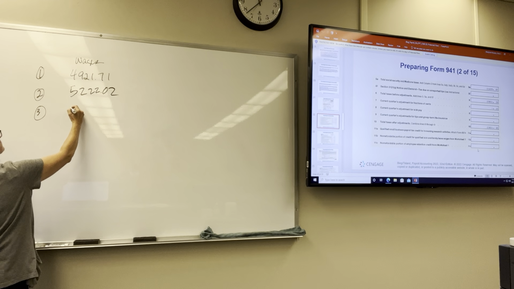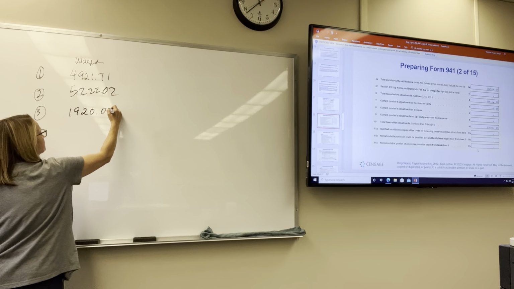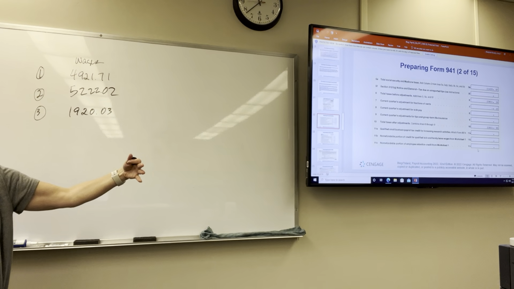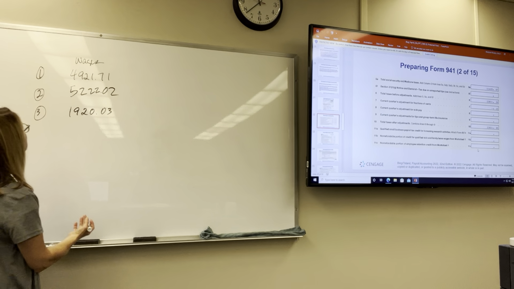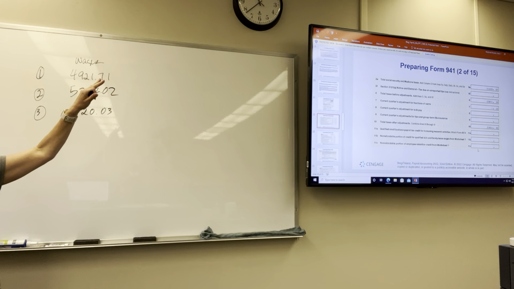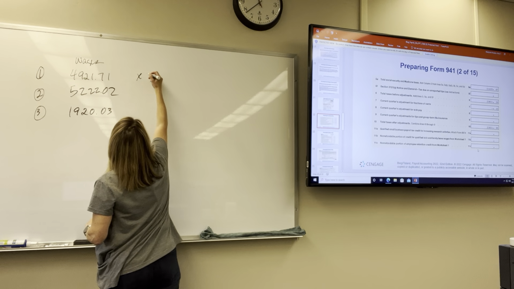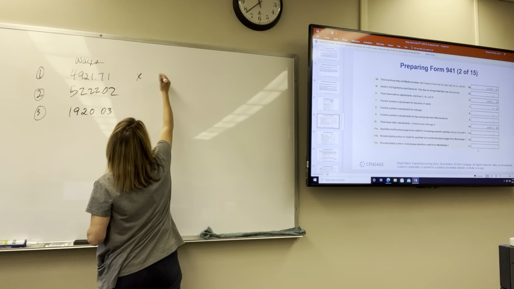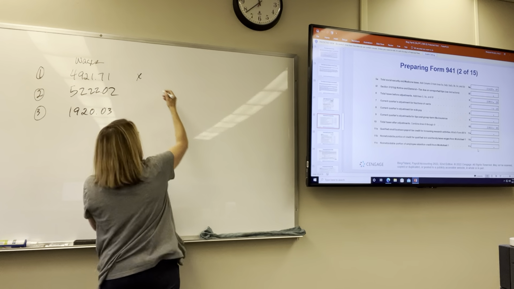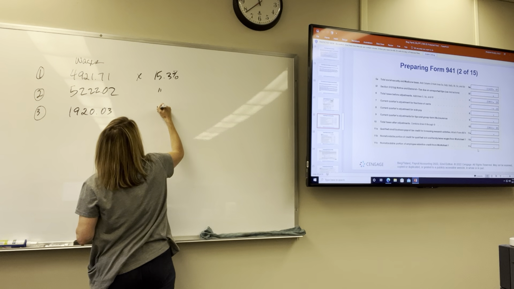And then employee 3 was paid $1,920.03. These were all subject to Social Security and Medicare taxes. Now, if we take these on an individual basis, we multiply by, I'm going to use the whole 15.3% for all of it, 15.3%, and do the same here and here.